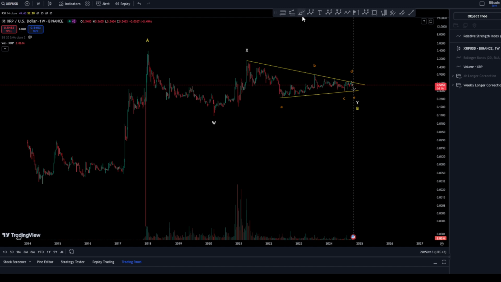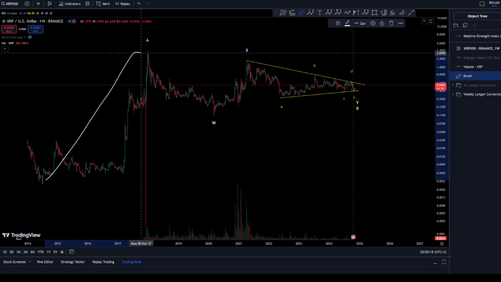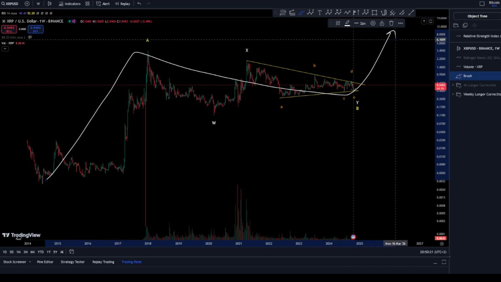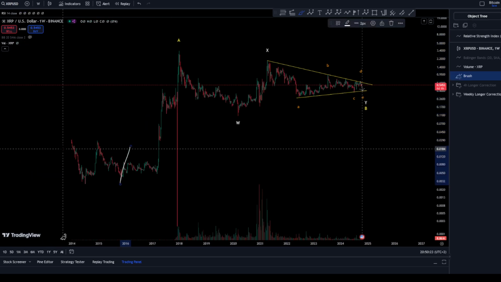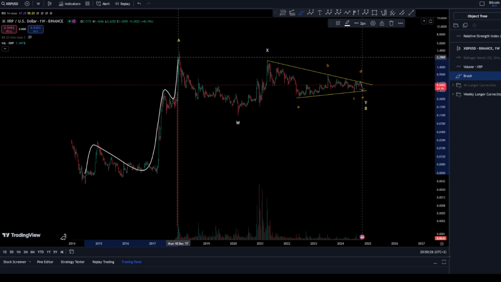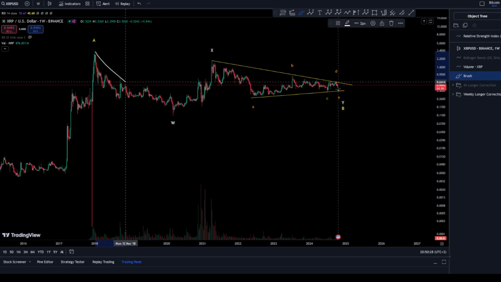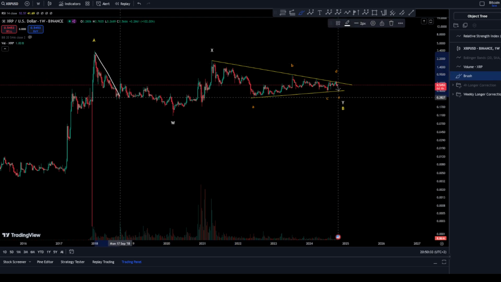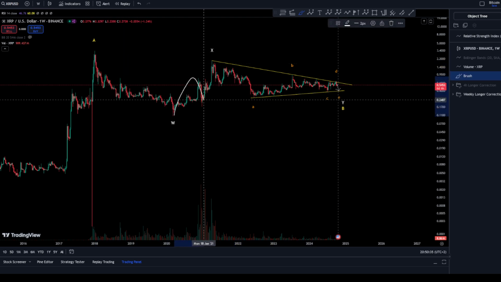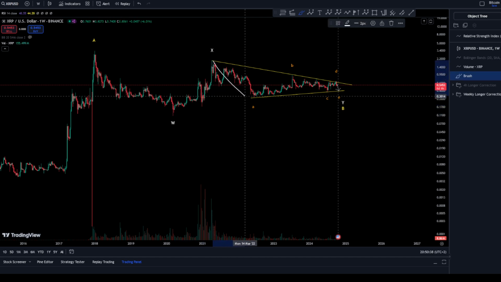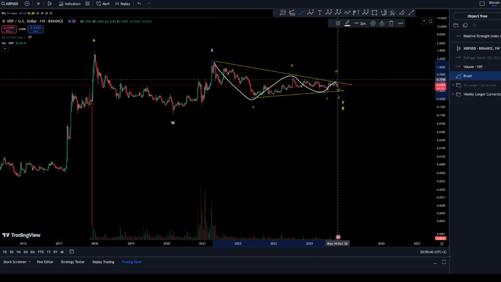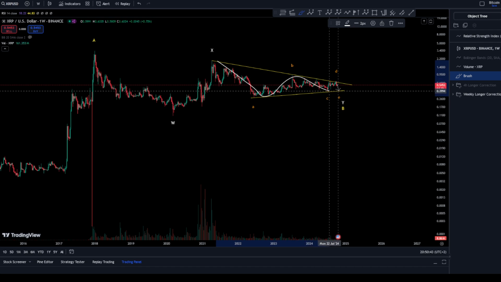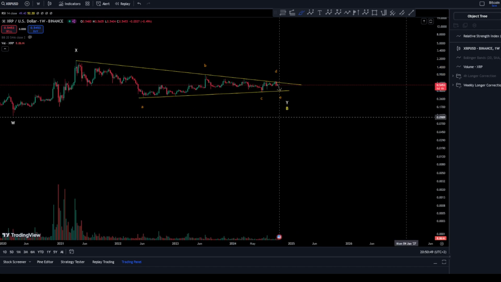So, starting with XRP on the weekly, where we are looking for an A, B, and a C potentially towards the upside. Your wave A has already finished in an impulse 1, 2, 3, 4, 5, and we are looking here at a very long WXY correction, where we are looking for a W here as a zigzag, another zigzag for your X, and a triangle here for your wave Y as an A, B, C, D, and still looking for a small wave E towards the downside on the weekly chart.